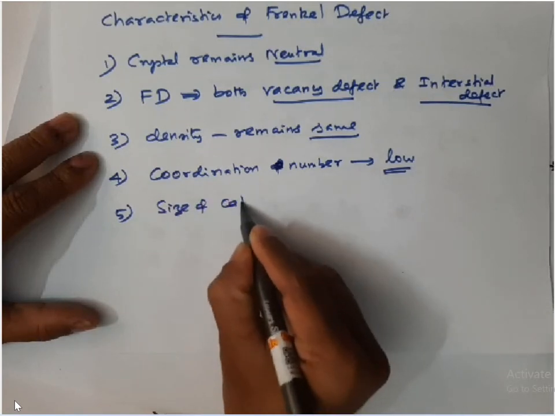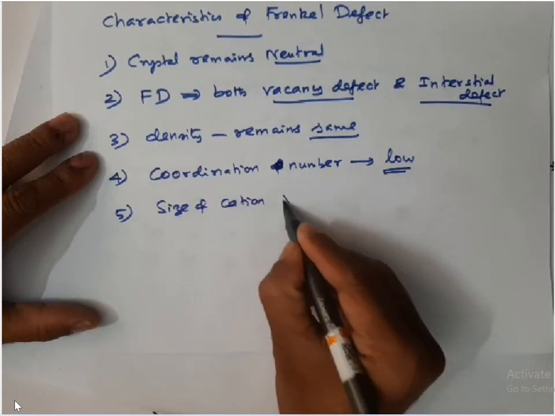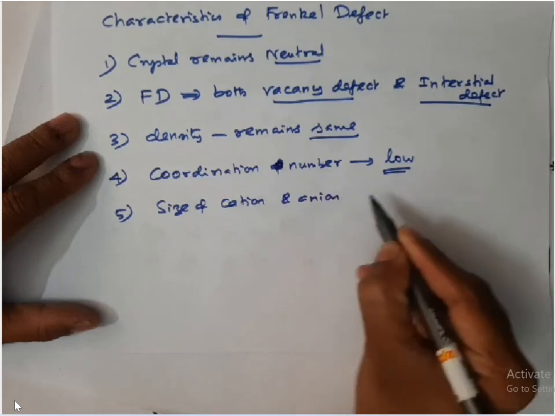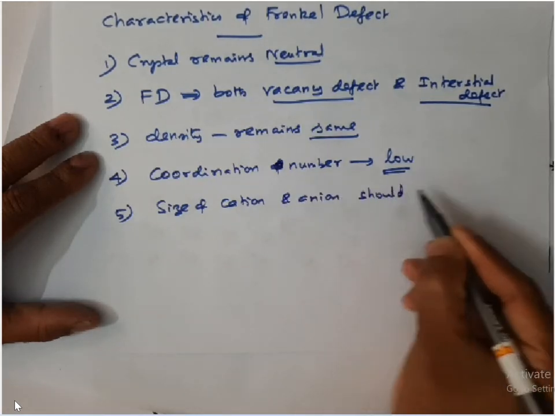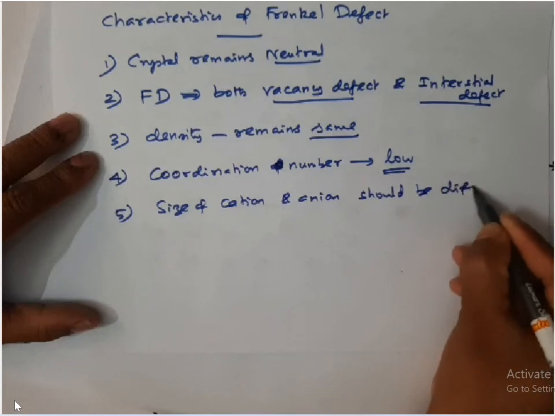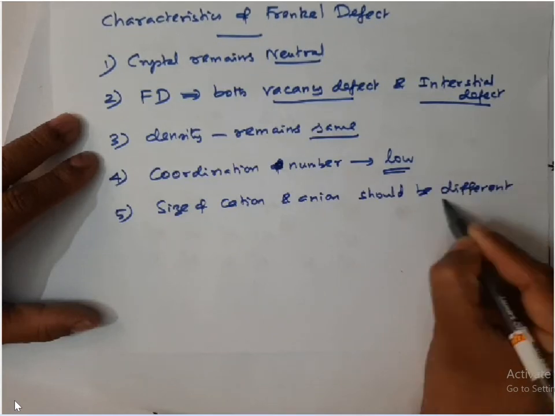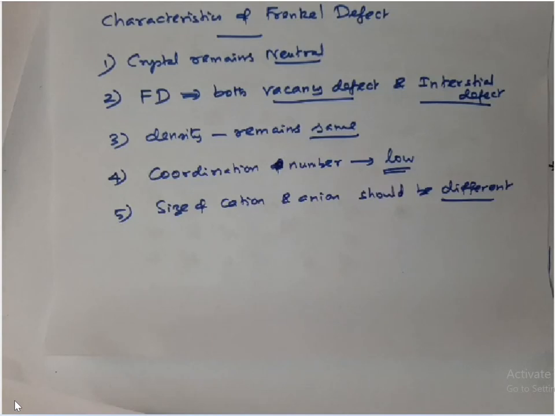Size of cation and anion should be different. See, in the Schottky defect, I told you the size of cation and anion should be approximately the same or almost the same, correct? If the sizes are almost the same, then you can see predominantly Schottky defect.